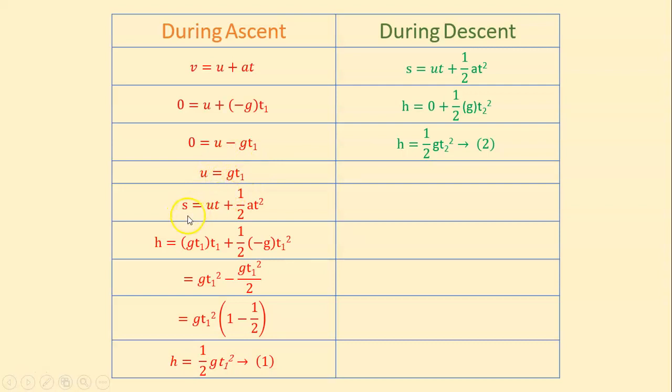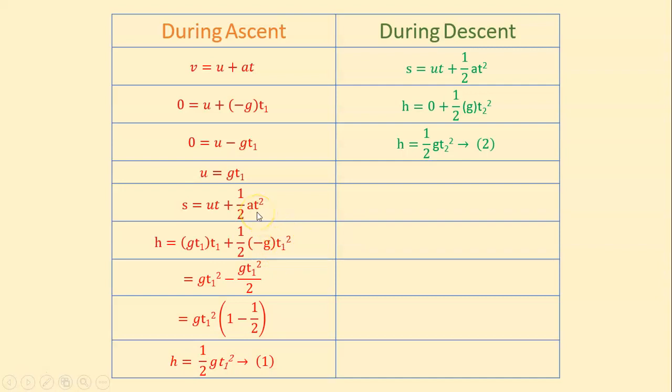The second equation gives us s is equal to ut plus half at square. S is nothing but height. U, we have already got the value gt1, which we substitute over here. So gt1 in the bracket into t1 plus half into, in bracket, minus g, bracket complete, t1 square.